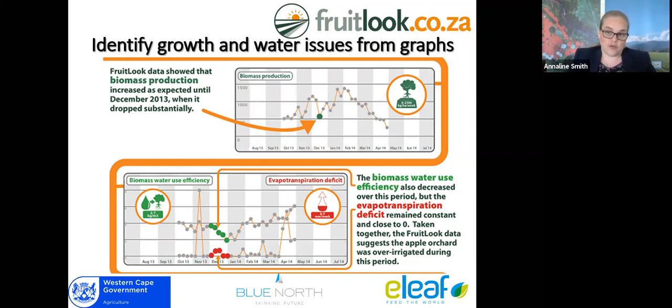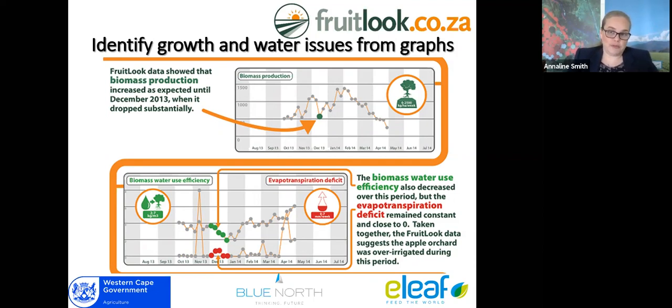And the reason how you pick it up is because you can look at biomass water use efficiency as a relation between evaporation and transpiration. If the value goes lower, it means you have a higher component of evaporation versus transpiration. And you want your water to be used effectively, so you want more transpiration than evaporation. So when that relationship starts skewing, that's when your biomass water use efficiency starts going down. And that's how you pick up over irrigation.